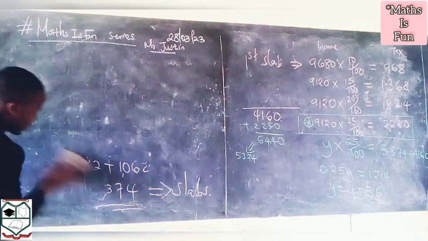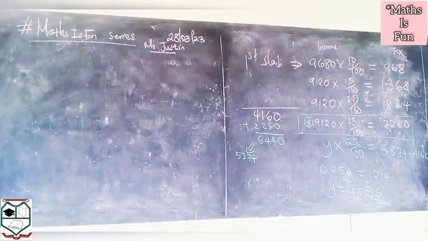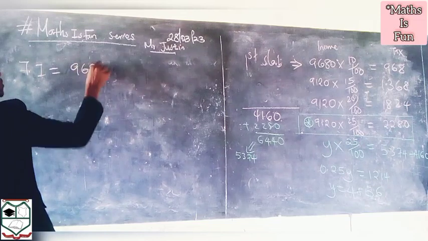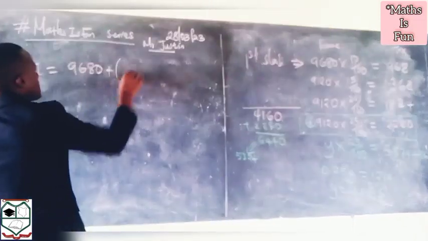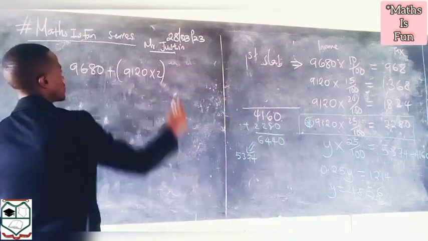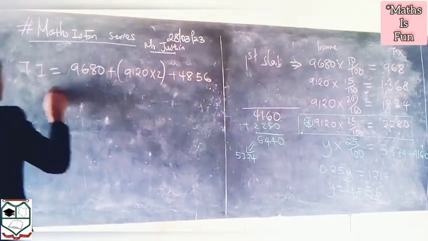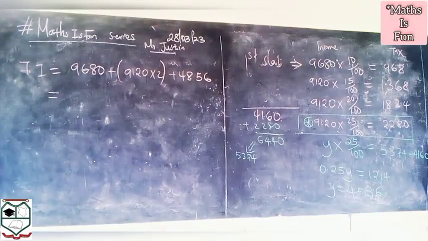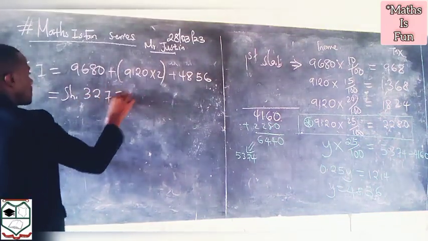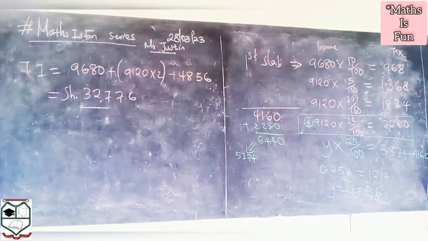So finally the taxable income becomes 9680 for the first slab plus 9120 plus 9120 plus 4856. You add that, you get 32,776.